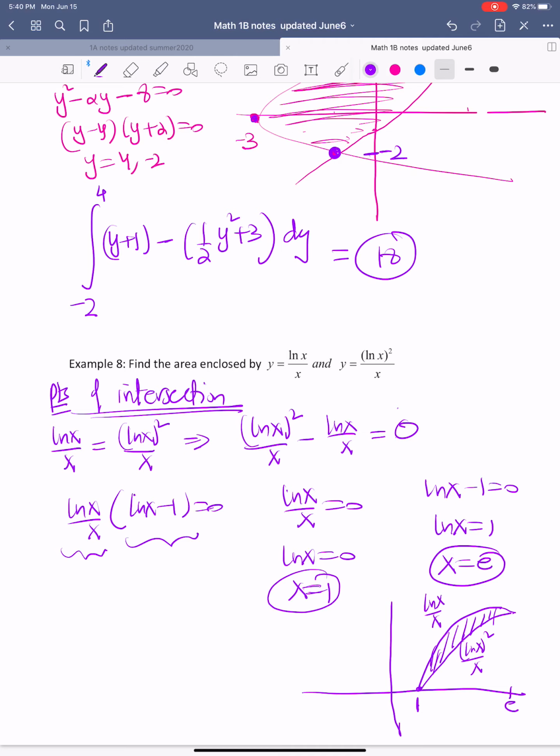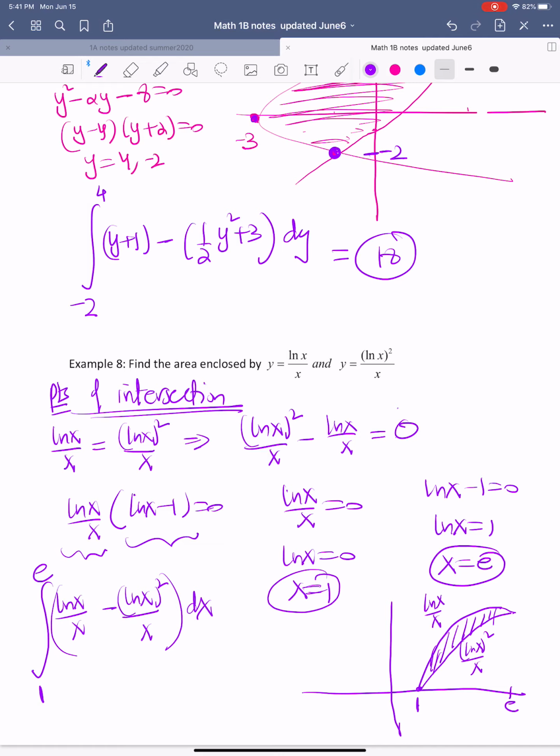Let's go ahead and set up our integral. We have a top curve, we have a bottom curve, and we have the boundaries for integration from 1 to e. Natural log of x over x minus natural log of x squared over x dx. And again, you can use Desmos however you want to simplify.